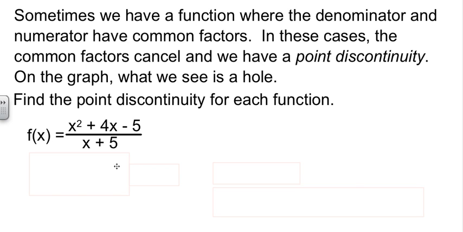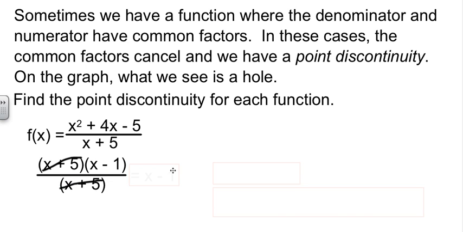We're going to need to factor the numerator. Now, just like we've done before, let's cancel what's in common. So now we have a new function, x minus 1. Okay. Now, I'm going to erase my canceling.